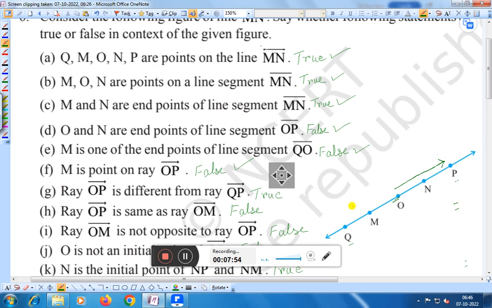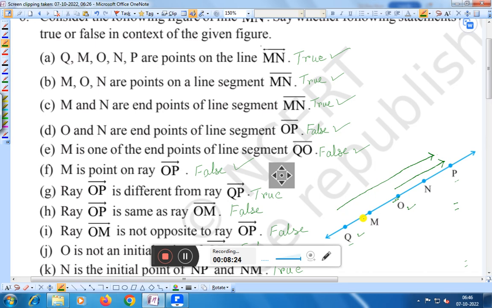Right? What is the question? G, that ray OP is different from ray QP. It is true because in OP, O is the end point, and in case of QP, Q is the end point. Therefore, it is different, right? Therefore, ray OP is different from ray QP is true.